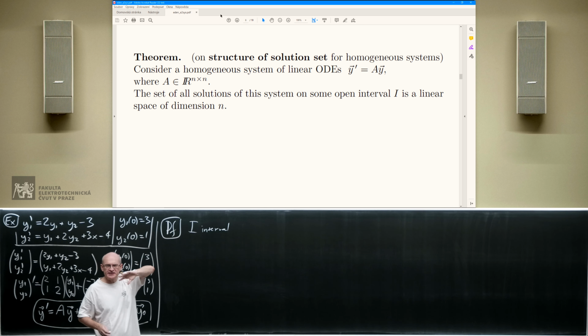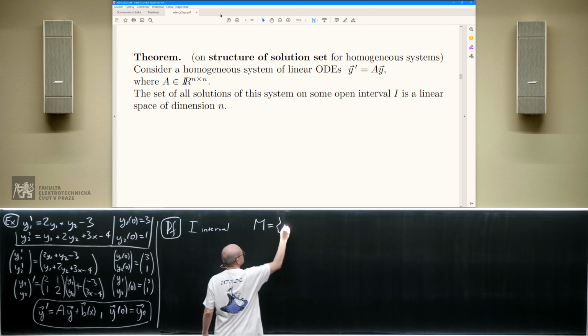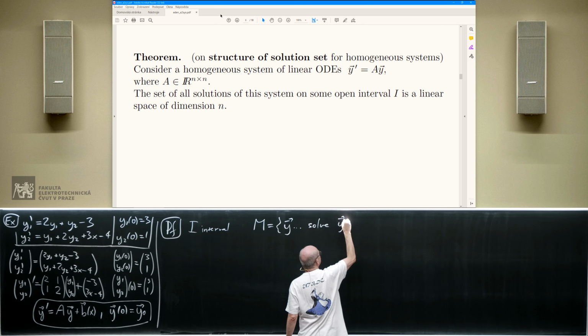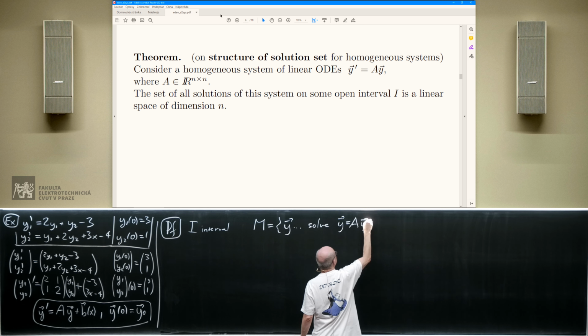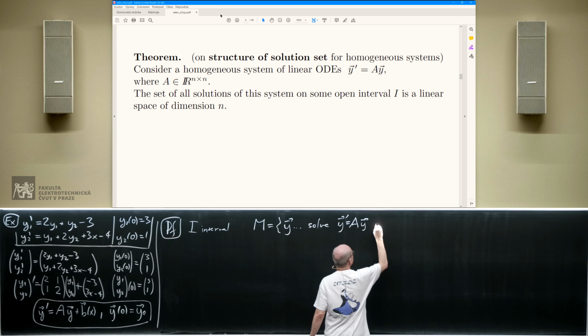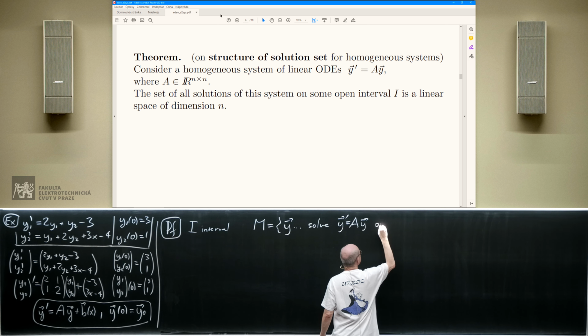So let's do it in general. I is some interval, and I'm interested in solutions of the associated homogeneous equation, but not associated, in fact. A specific homogeneous equation on this interval I.